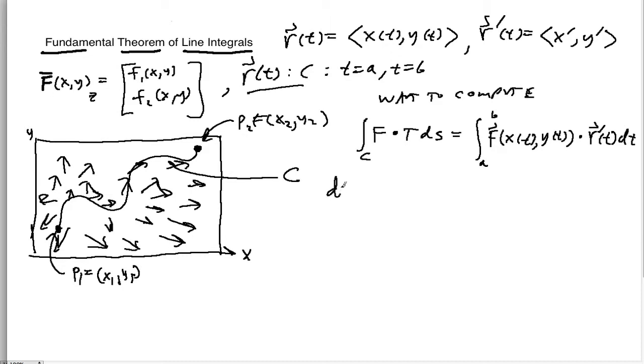Recall, though, that the vector r prime is dr dt. It's the derivative of this vector function.